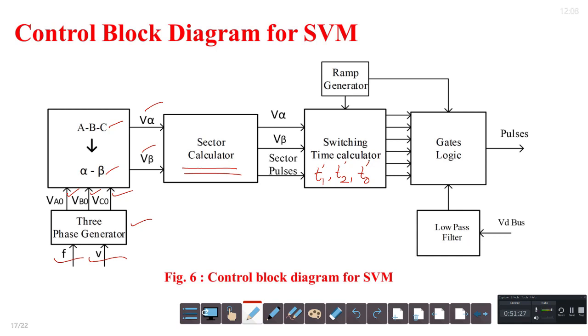And there is a ramp generator which gives input to the switching time calculator and also the gate logic for the timing and resetting, and the DC voltage is also taken as feedback and through a low pass filter it is given to the gate circuit. So, this is the control block diagram of the space vector modulation.